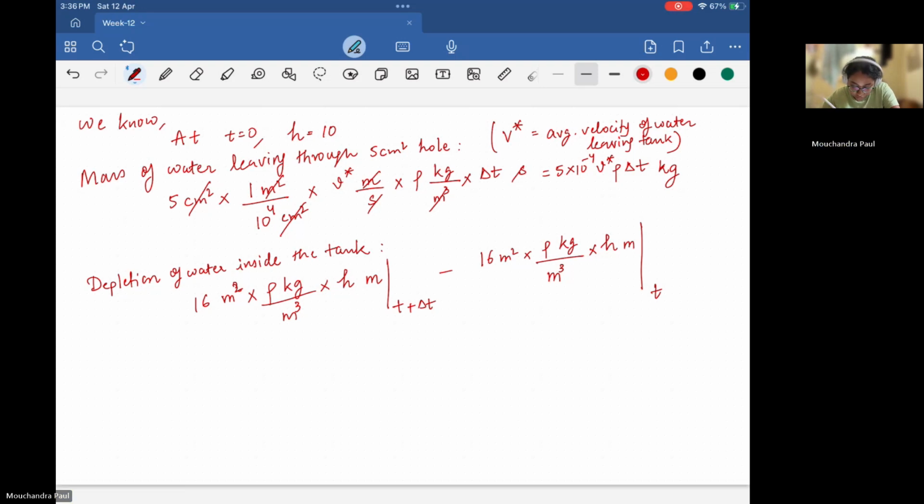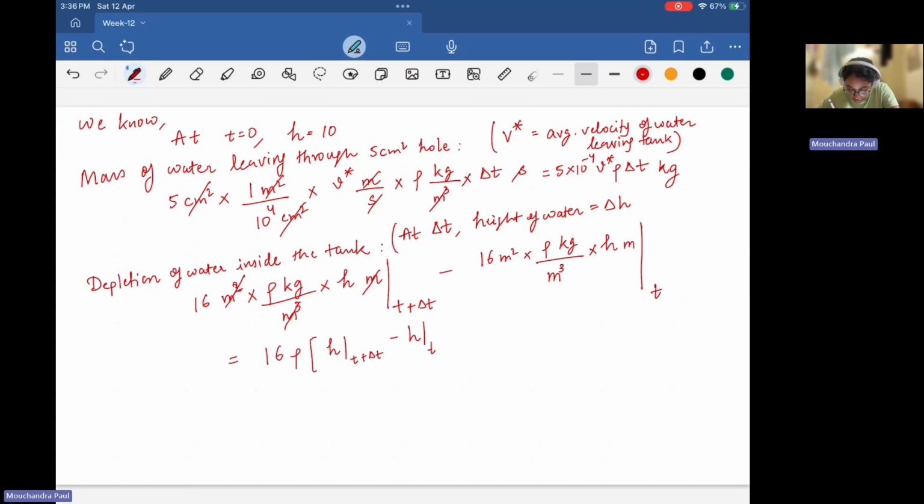So when you remove the common terms, another thing is that at interval delta t, there will be a change in the height of water by delta H. So the final term will look like 16 rho times H at t plus delta t minus H at t, or 16 rho delta H. The unit is kg.